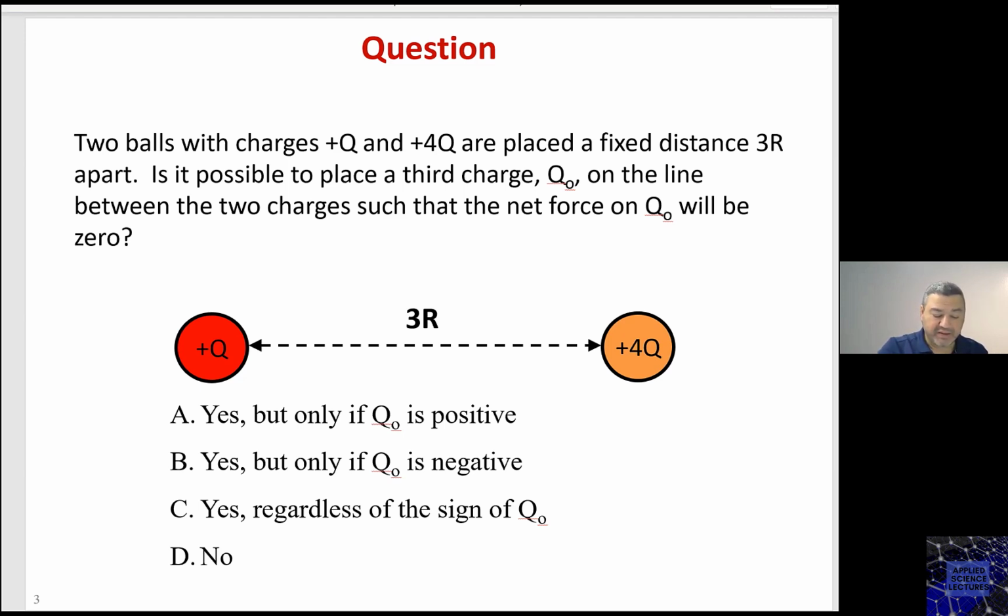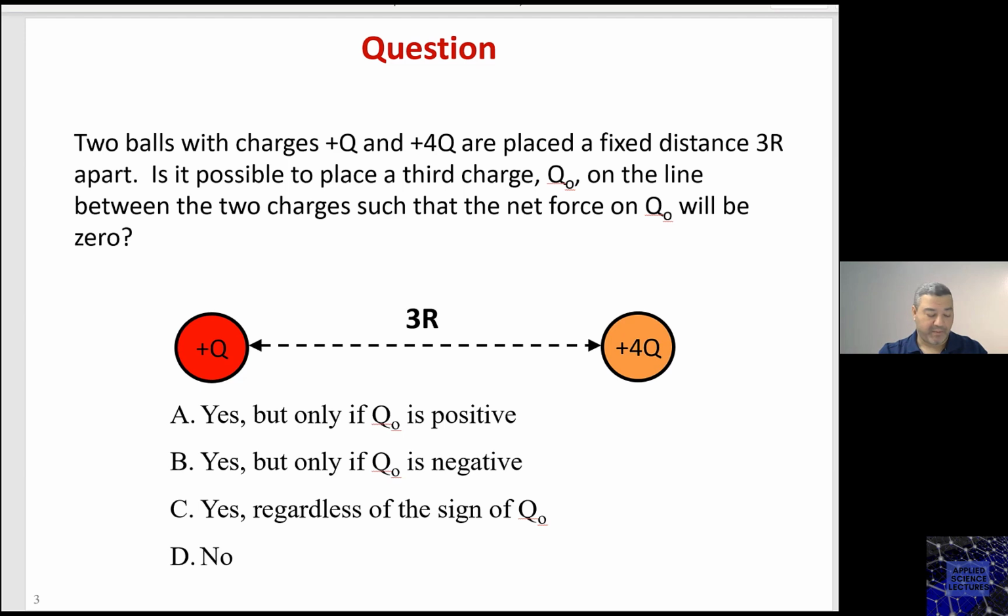They're placed at a fixed distance, 3r apart. The question is, is it possible to place a third charge, Q naught, on the line between the two charges such that the net force on the Q naught will be 0?